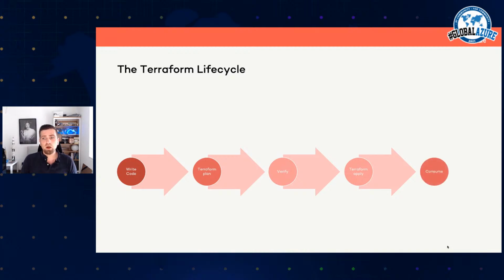And from that point in time, we and our customers are able to consume the services that build our product or our service or our project. And maybe at some point in time, you don't need the infrastructure at all. Then you can just execute Terraform destroy and delete all the services that you have previously allocated in Azure.